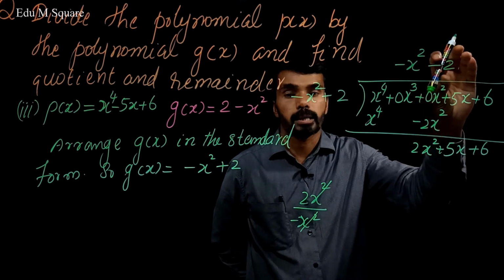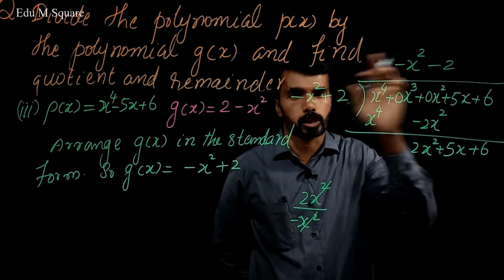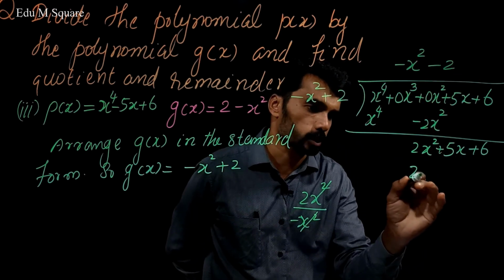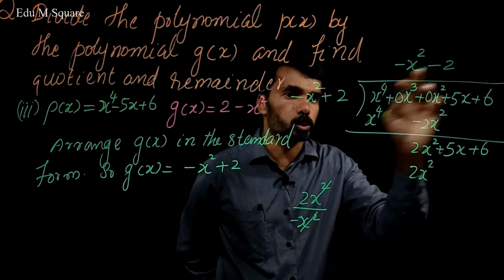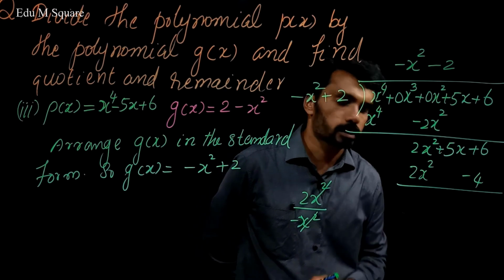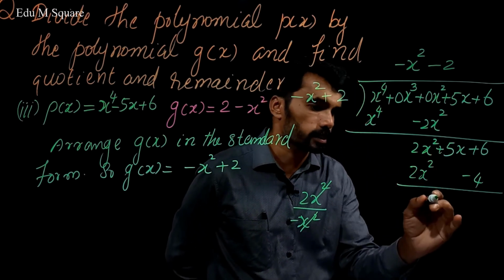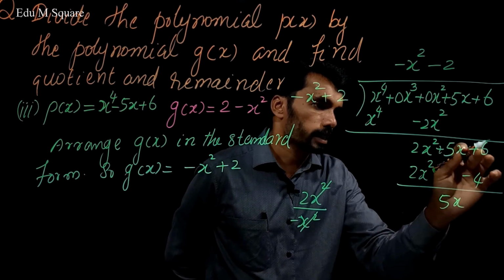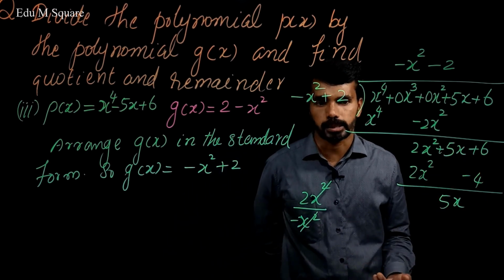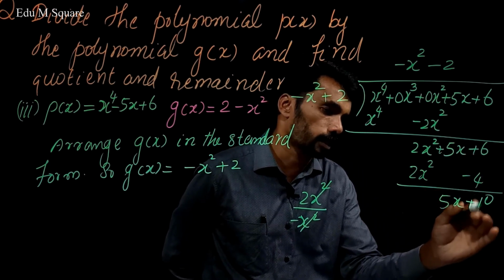Next we multiply each term of the divisor by this minus 2. So minus 2 into minus x square is plus 2x square. Then minus 2 into plus 2 is minus 4. Subtract. So 2x square minus 2x square becomes 0. 5x. 6 minus minus 4, minus of minus becomes plus, so this is plus 10.